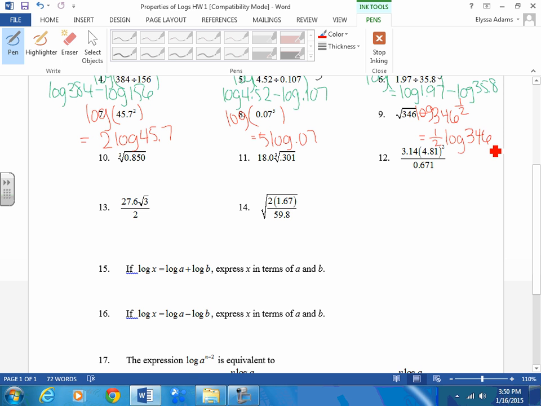This is not the same thing as going between exponential and logarithmic form. If we take number 7 and we had 45.7 squared, and I said, okay, let's make that equal to x, if we did this in log form, that would be the log base 45.7 of x is equal to 2.